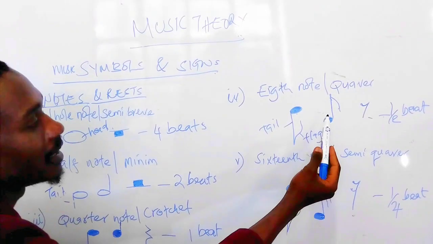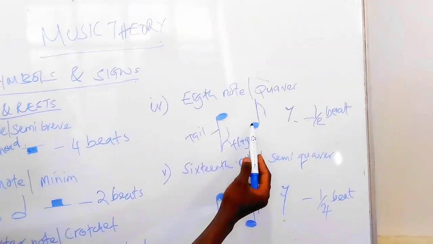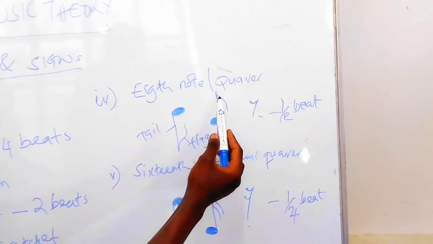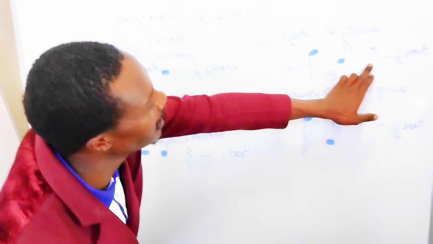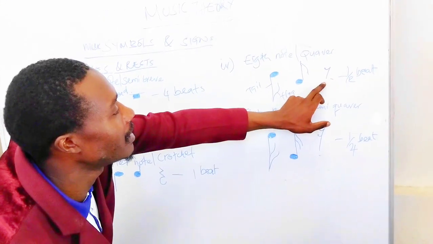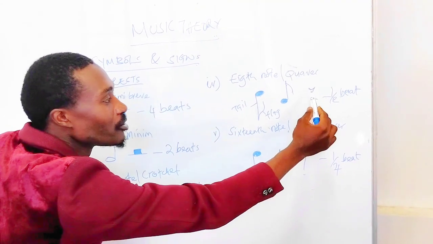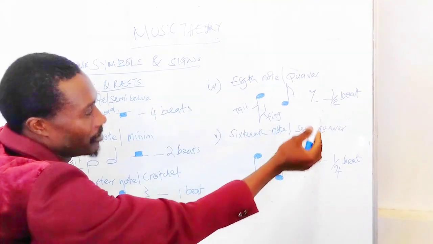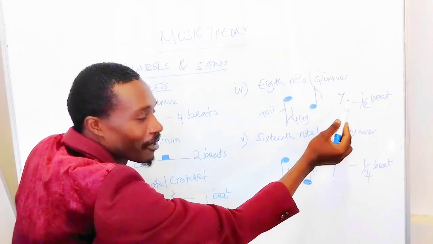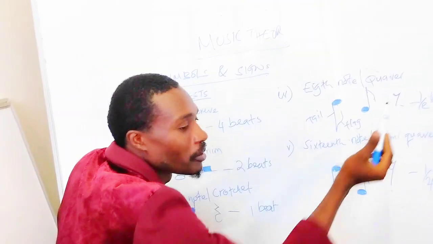Now you can see here, we have got the head, then we have the tail, and then the flag is facing towards the right. The rest of it is almost like drawing something like a 7, but we are going to look deeply at how we can draw it on the staff.